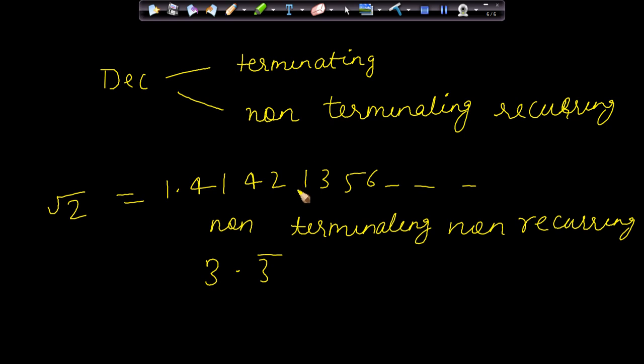This is also non-terminating, but this is recurring, meaning the fractional part of rational numbers starts repeating itself. In the irrational number case, it doesn't repeat itself.